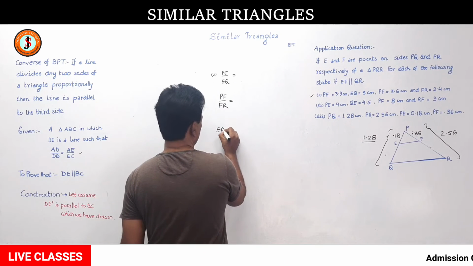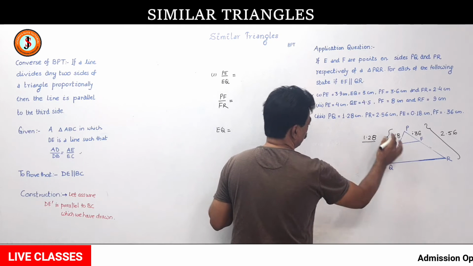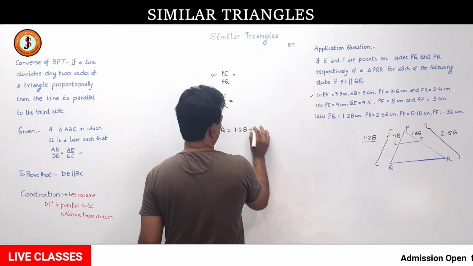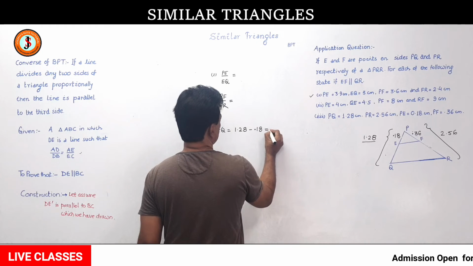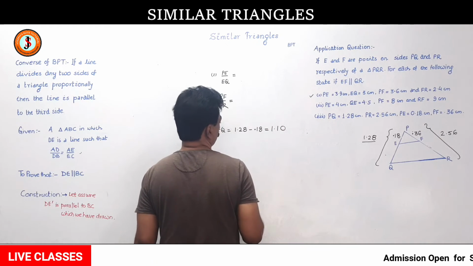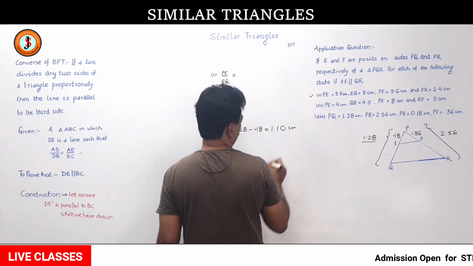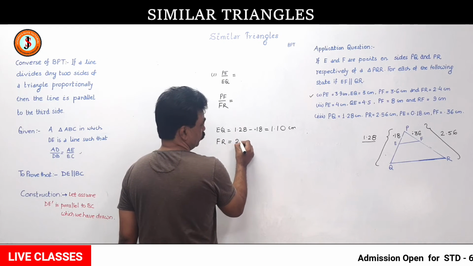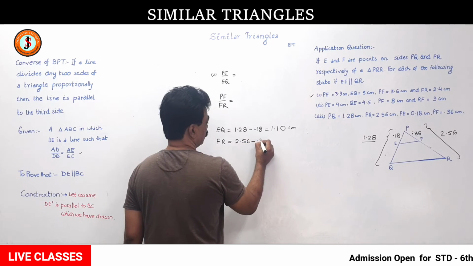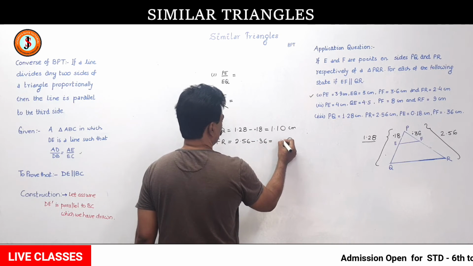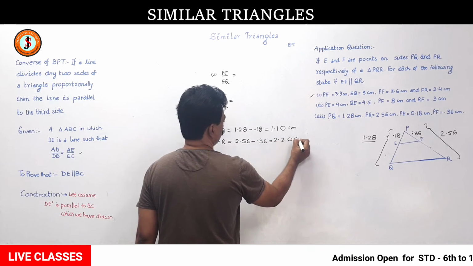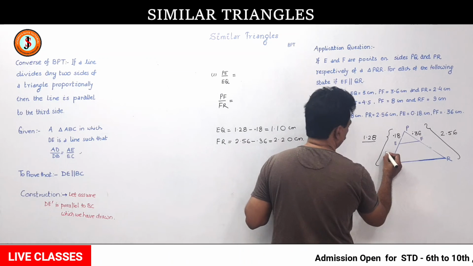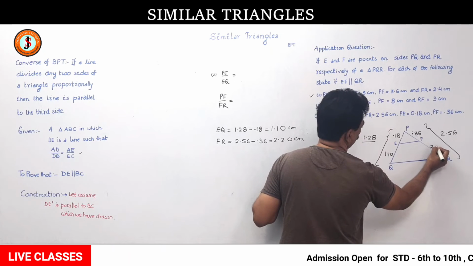EQ will be equal to 1.28 minus 0.18, that is equal to 1.10 centimeters. Then we will get FR. FR is equal to 2.56 minus 0.36, that is equal to 2.20 centimeters. So, now we get the values: this is 1.10 and this is 2.20.